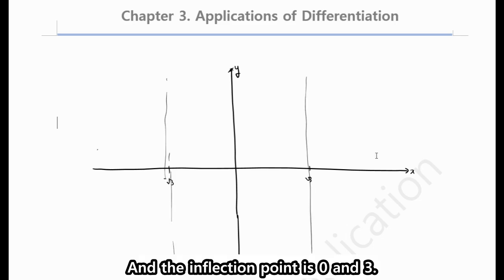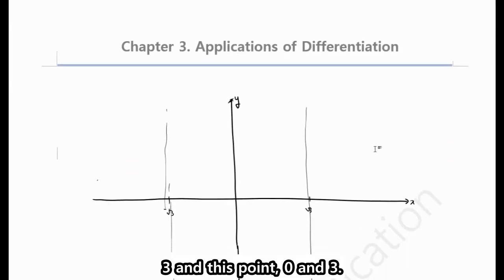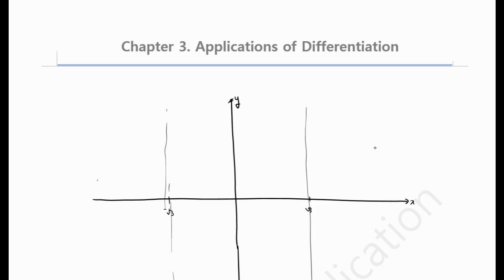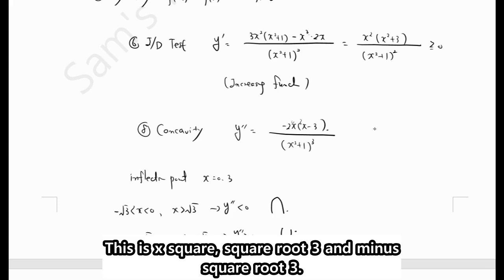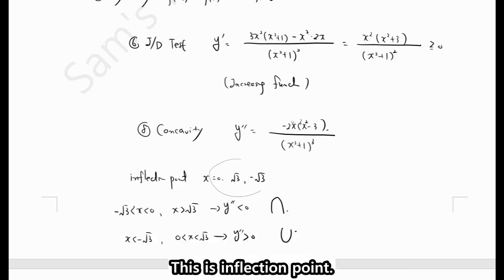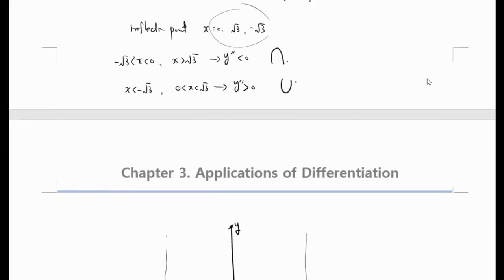The inflection points are (0, 0), and the points at x equals square root of 3 and minus square root of 3. We have 3 inflection points.